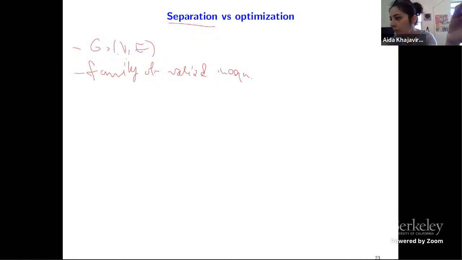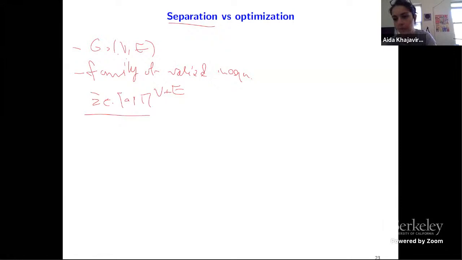And I am also given a point, z bar, let's say in the unit hypercube. So the question is whether this point satisfies all those inequalities. If not, give me an inequality from that family that is violated by this point. This is the separation problem.